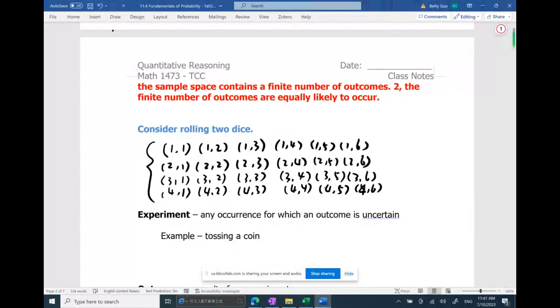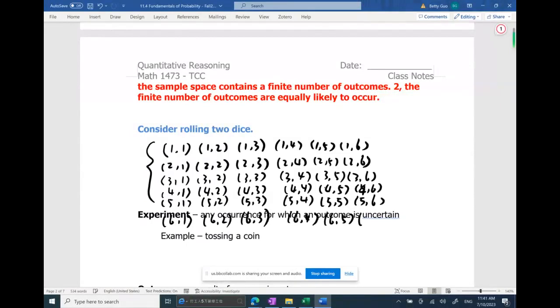And 5, 1, 5, 2, 5, 3, and the last row 6, 1, 6, 2, 6, 3, 6, 4, 6, 5, 6, 6.